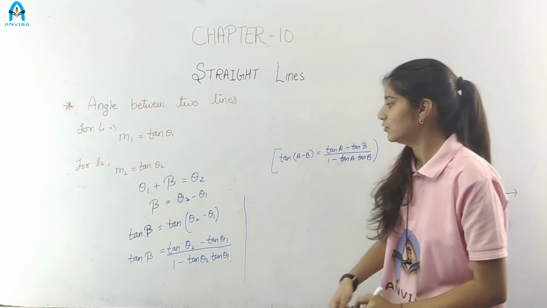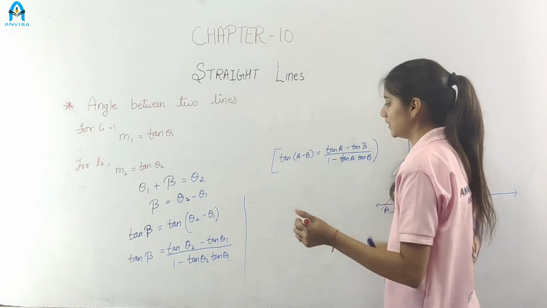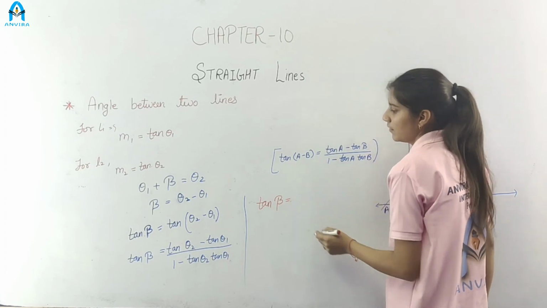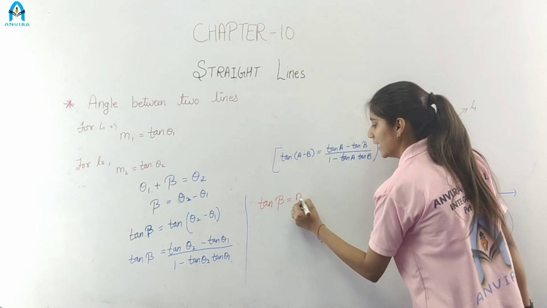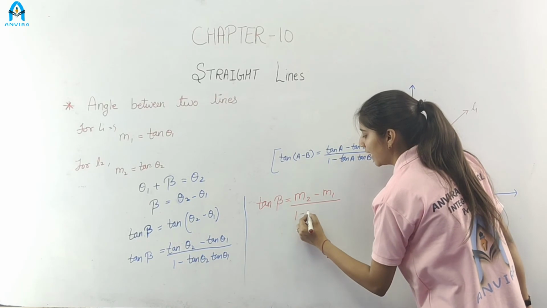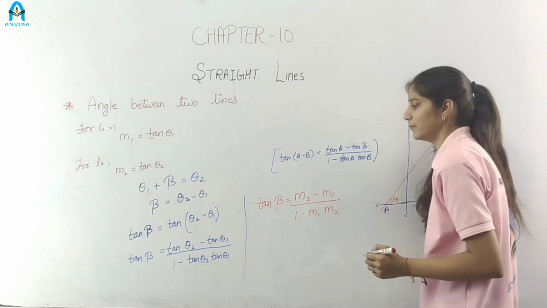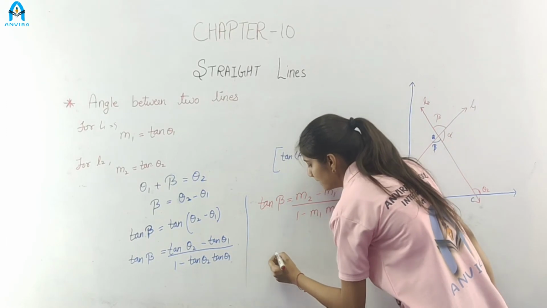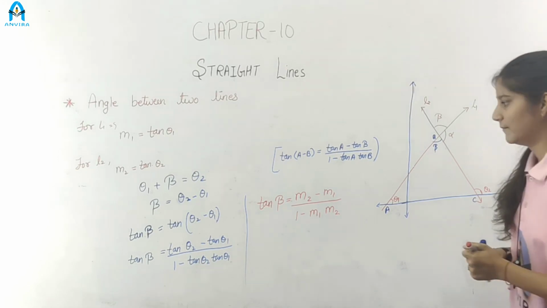Now I know the values of tan theta 2 and tan theta 1. So I put here tan beta is given by, what is our tan theta 2? It is our m2, the slope of the second line. So it is m2 minus m1 upon 1 minus m1 into m2. So from here I will now find the value of alpha.